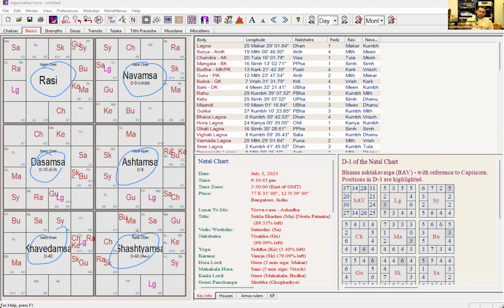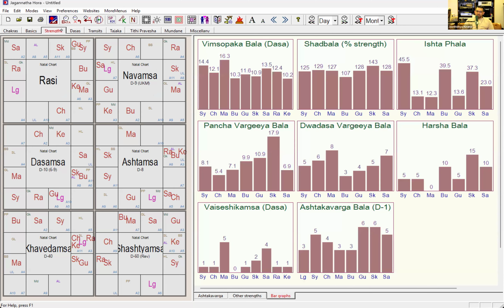Now first what you do, you check the strength. If you want to read the chart, first you go to strength. You see which grahas are where. You have Lagna where? Here, Makara.